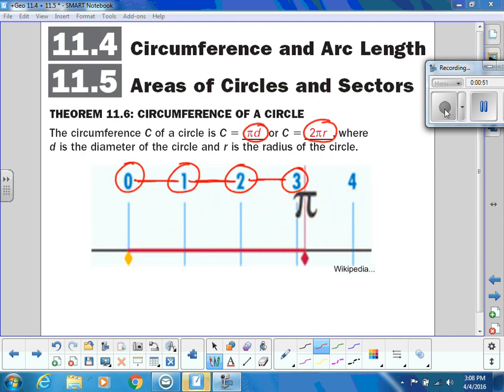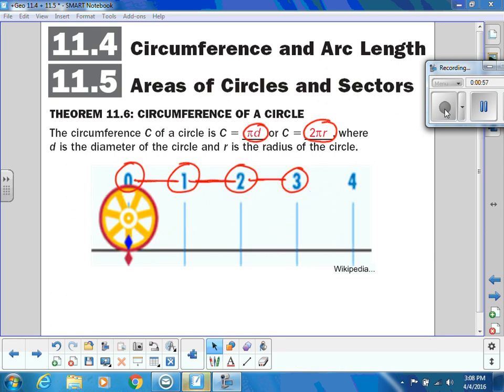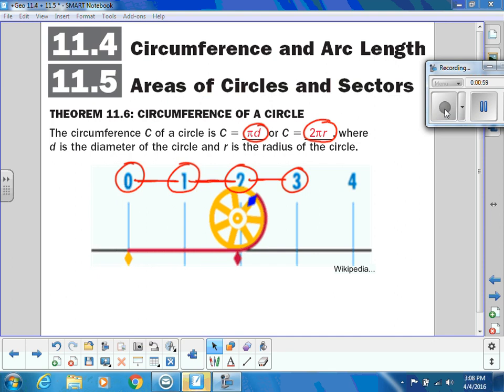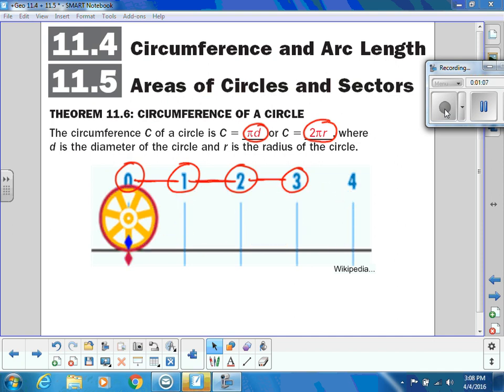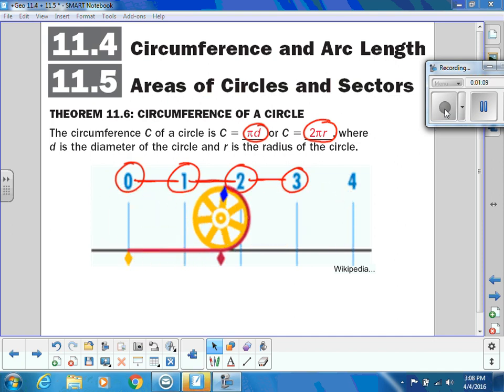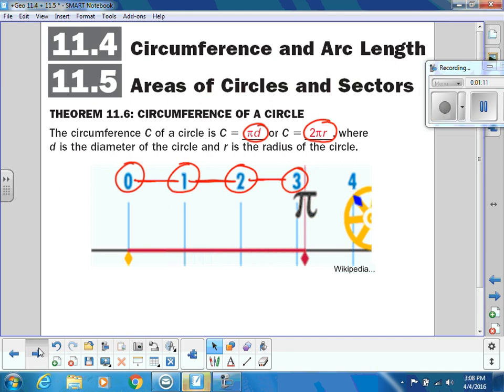So if I roll it out, I'm going to end up over here at 3.14. So that's 3.14 diameters, or 3.14 times the diameter, whatever that happens to be. That's a nice image of a wheel rolling out, and we'll use that image later on when we apply the circumference.